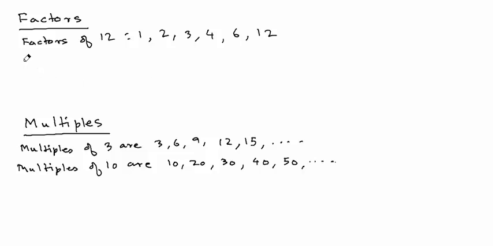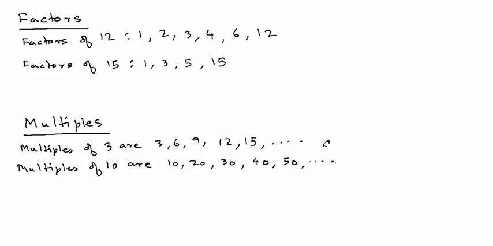Let's talk about the factors of, let's say, 15. We have 1, not 2, 3, 5, and 15. These are the only factors of 15. As you can see, the list of factors of a number is limited. It doesn't carry on and on, unlike the multiples of the number.